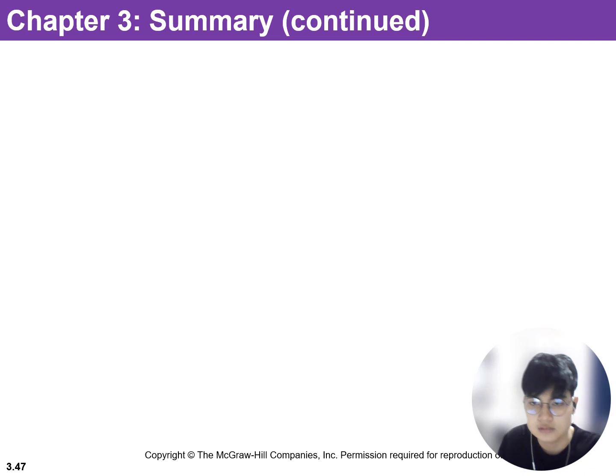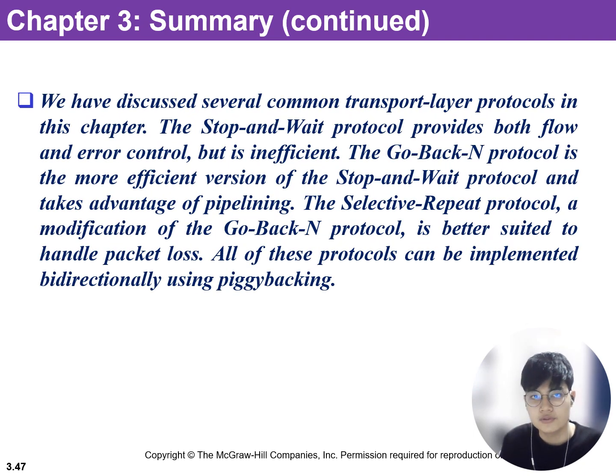Okay, just the last page, about the summary. We discussed several common transport layer protocols in this chapter. The Stop-and-Wait protocol provides both flow and error control, but it is inefficient. The Go-Back-N protocol is a more efficient version of the Stop-and-Wait protocol and takes advantage of pipelining.